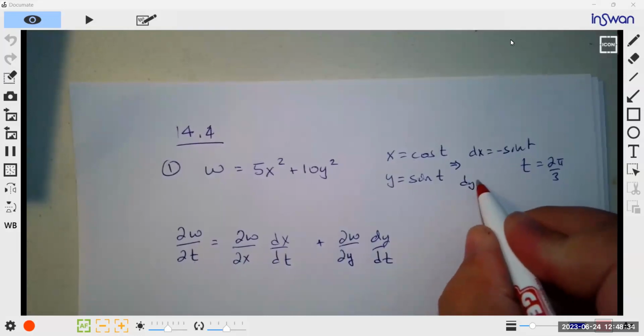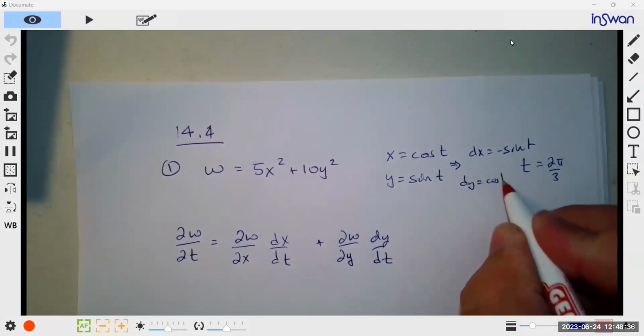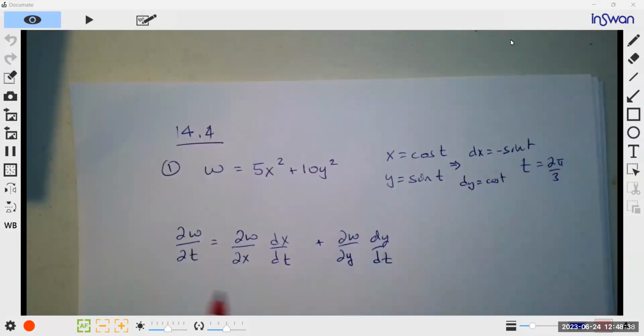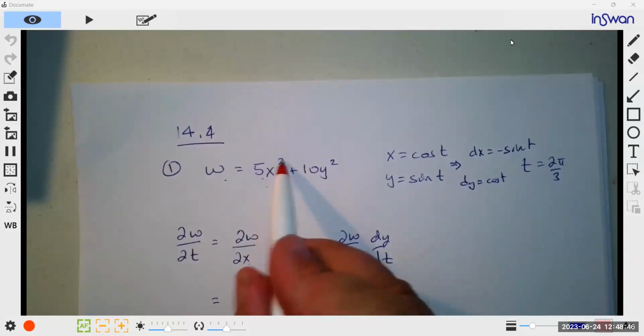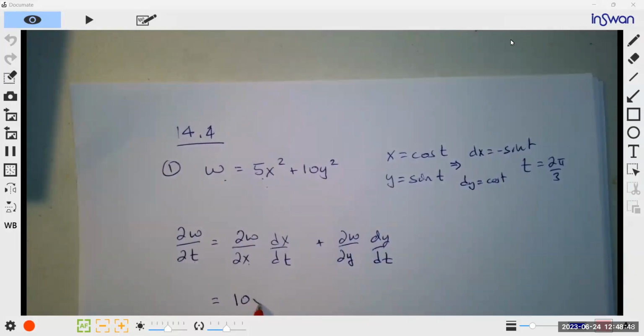The derivative of y is cosine t. Now, this function with respect to x is 10x, times dx/dt, which is negative sine t.